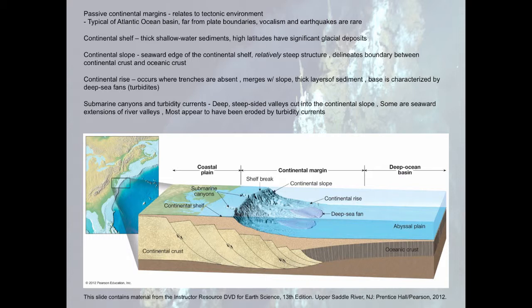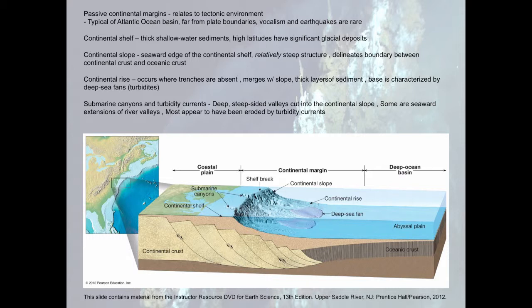Submarine canyons and turbidite currents characterize the slope. These are deep, steep-sided valleys that are cut into continental slopes. Some are seaward extensions of river valleys, so where you have large rivers transmitting a large amount of bed load and suspended load, the submarine canyons often coincide.